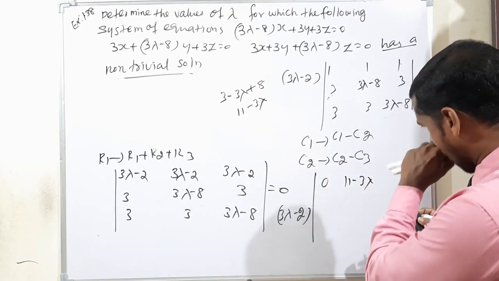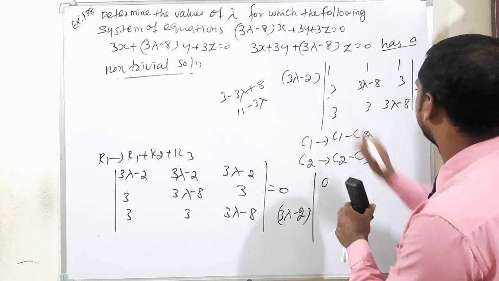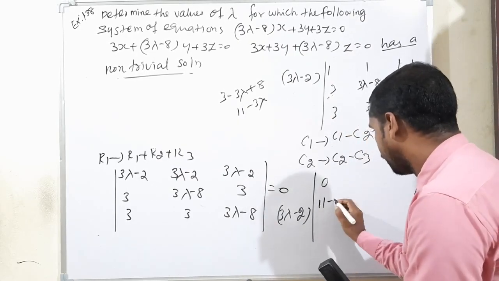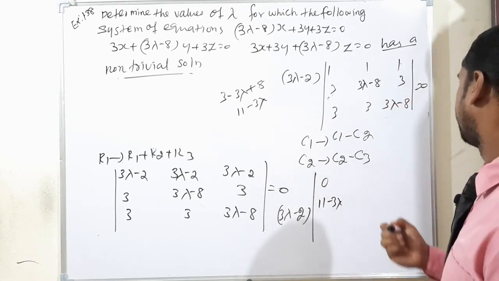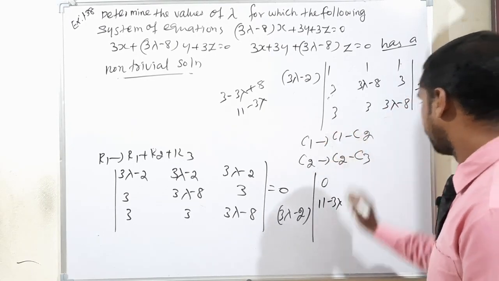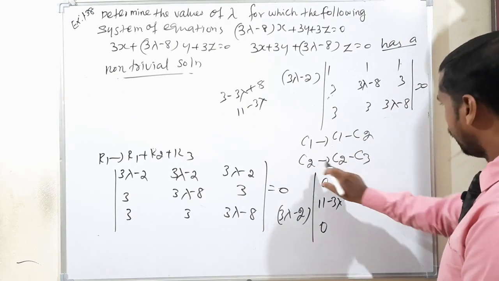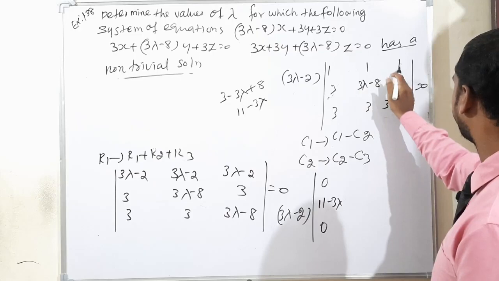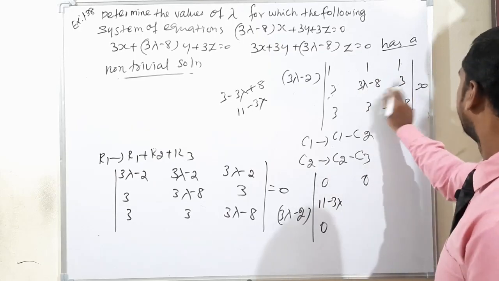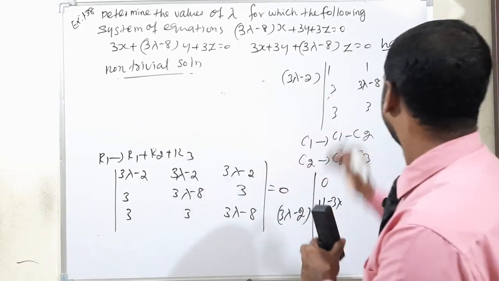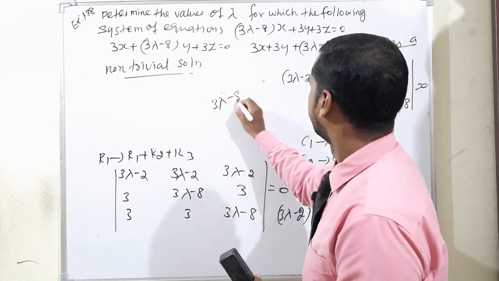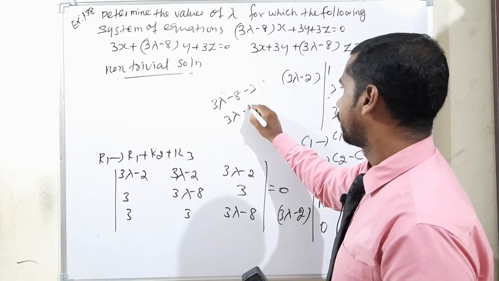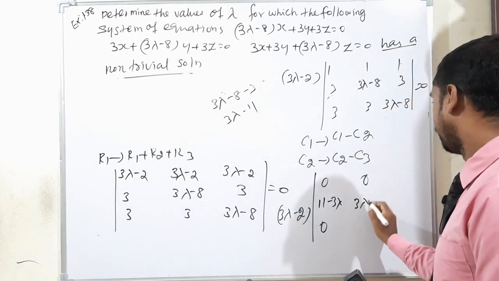Then C1 minus C2 in the next row: 3 minus 3 is 0. Next, C2 minus C3: 1 minus 1 is also 0. Here 3 lambda minus 8 minus 3 means 3 lambda minus 11.